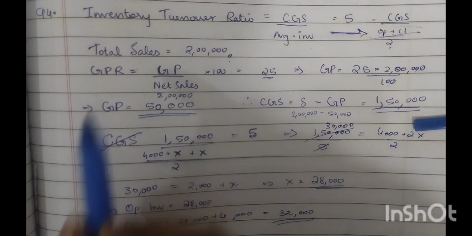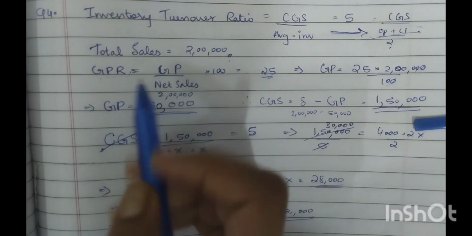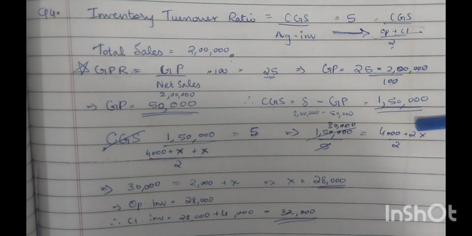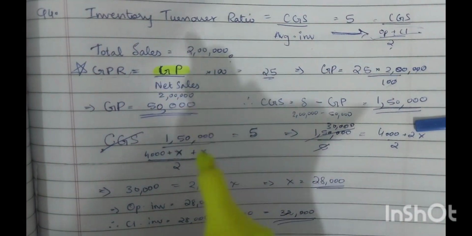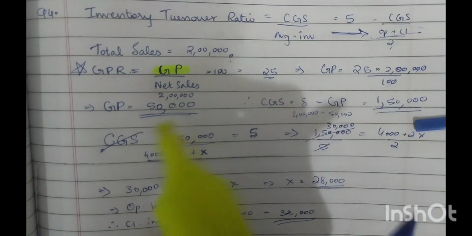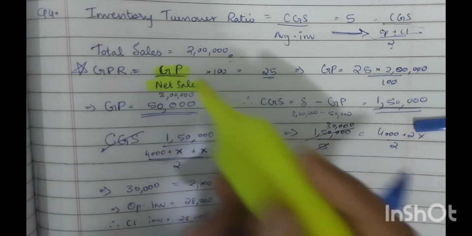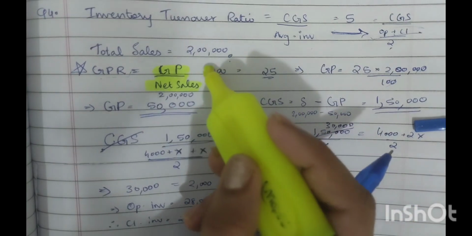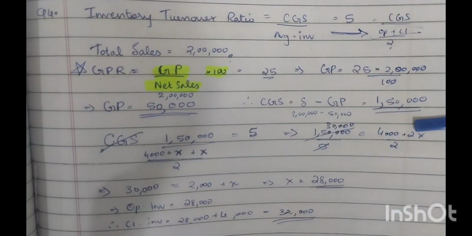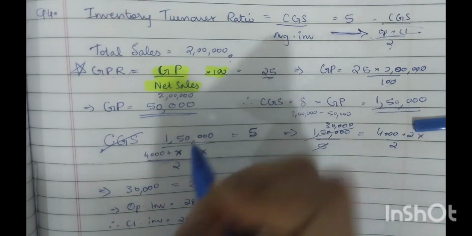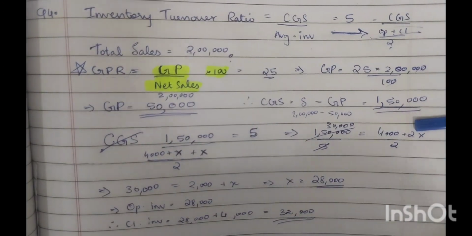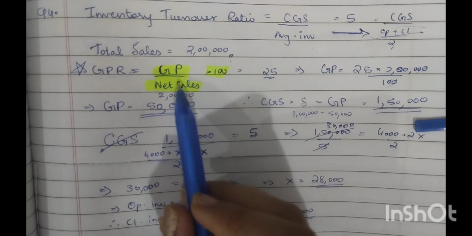The ratio, GPR or gross profit ratio, is equal to our gross profit, GP, by our net sales, into 100. Net sales is cash sales plus credit sales minus sales returns. So GP by net sales into 100 is our GPR. So GP is not given to us.